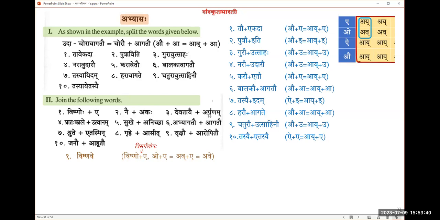Devatayai plus Arpanam. This is an external sandhi. So, ai plus A. Devatayai Arpanam. Simple. Again, ai. Very straightforward, mechanical. Ai goes to ai. Devatayai plus Arpanam. Yakara, so Devataya Arpanam.